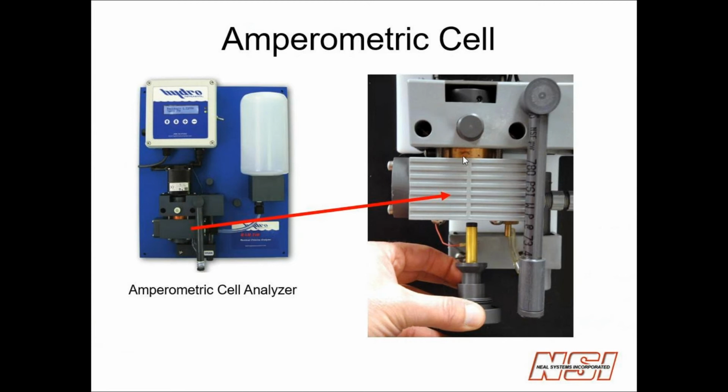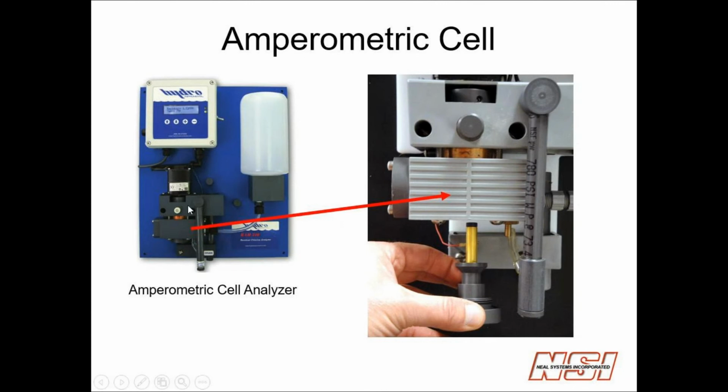You'll actually have a very small voltage produced. There's a wire connected to the gold, a wire connected to the copper, and between those two metals, as the sample flows through the cell, you have a small voltage created, and that voltage can be interpreted as a concentration of chlorine. Those two wires then tie into this control unit, and that converts that voltage to a reading of parts per million of chlorine, or milligrams per liter.